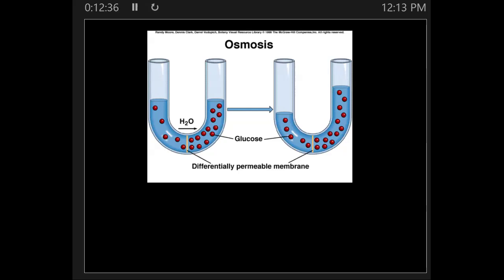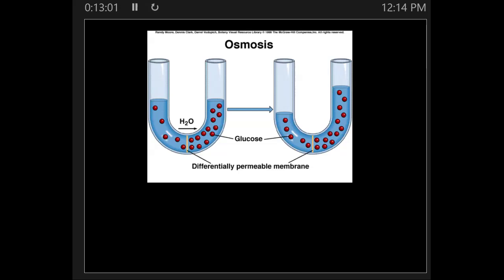But in plants, we have to think about it because we have to think about the stem and the branches. It's a big long tube of tracheids and vessels going up the plant. So if you can imagine this being xylem vessels or tracheids, you have water moving over to the right, and as you do that, you're starting to increase the pressure of the system, pressing back down on this membrane, right?